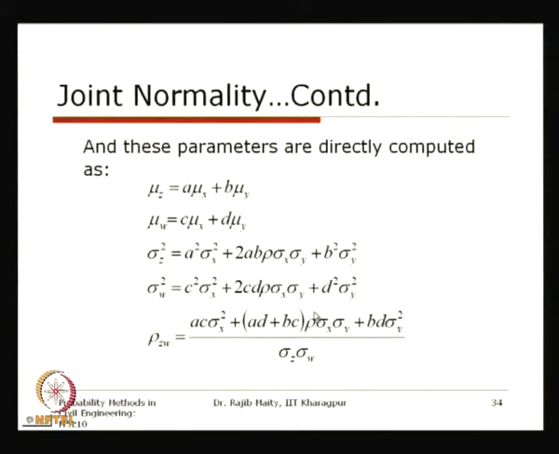We will take up a problem on joint normality maybe in the next class. In many cases there are random variables that are jointly normally distributed, and we have to use linear functions for some civil engineering problems. If we know this expression, we can easily get the joint distribution of the new random variables.